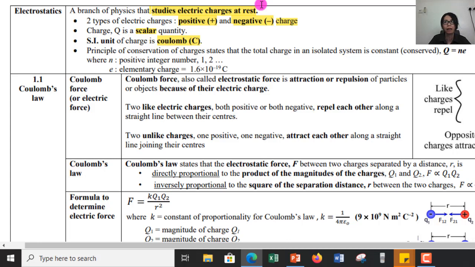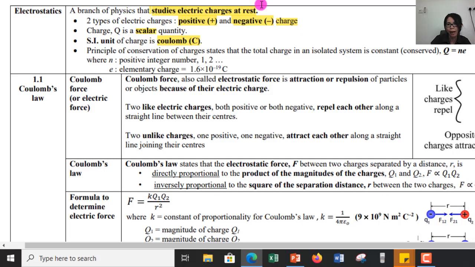It means that the charge we have cannot be destroyed. It can only flow from one object to another object. So the total charge for an isolated system is always constant.